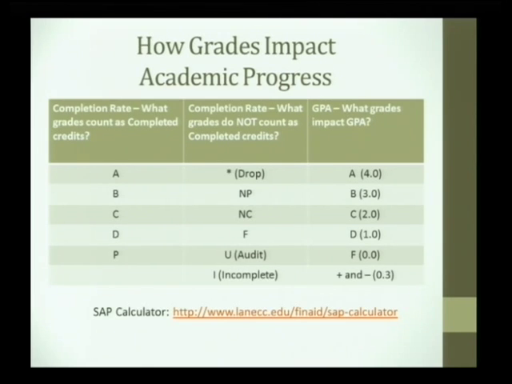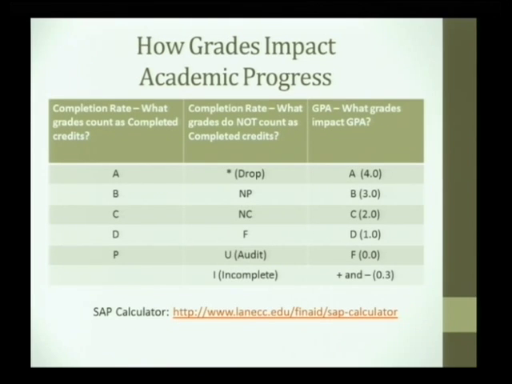The other classes that don't count as completed credits are audit classes, which are signified on our transcripts as a U, and an incomplete. For the incomplete grade, you can approach a faculty member if something's happened towards the end of the term that got in the way of completing your coursework.